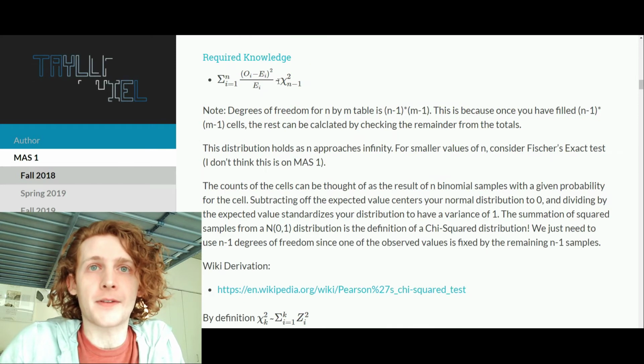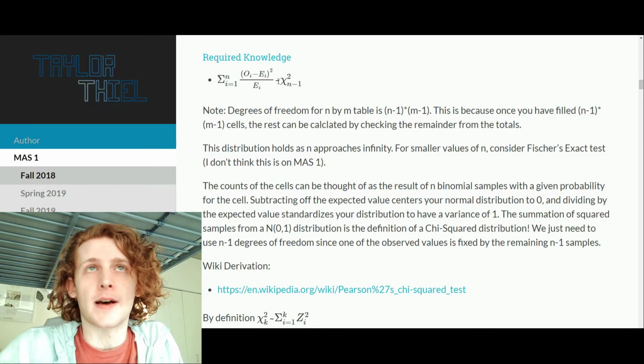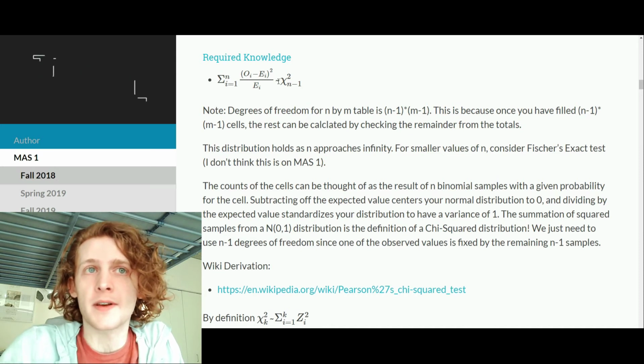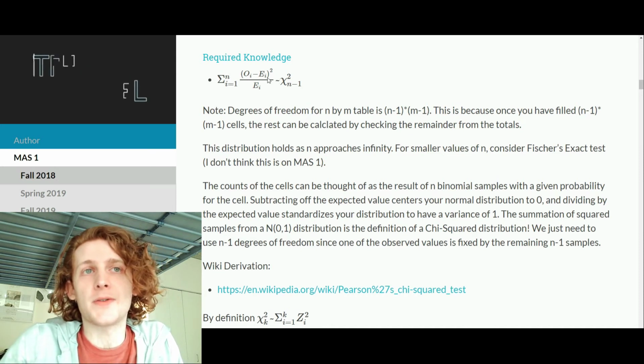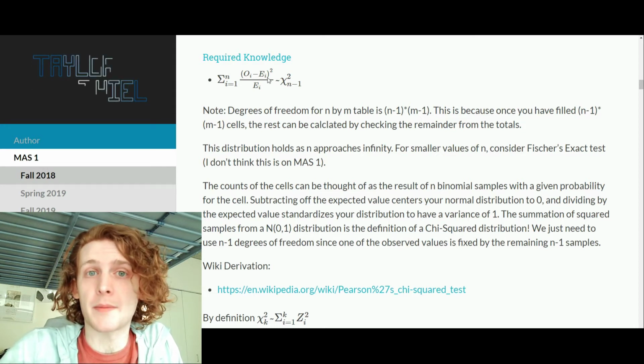The final thing to comment on is the degrees of freedom. So k degrees of freedom is summing k normal 0, 1s. But the problem is that there aren't actually that many moving parameters.